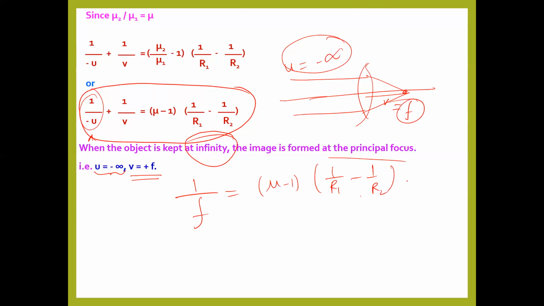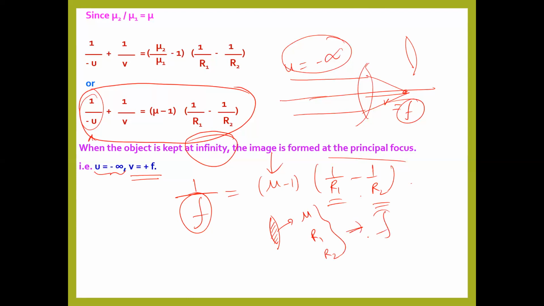So if we need a lens of a particular fixed focal length, and we know the value of mu, we can adjust the radii. When we are making a glass, we can fix the radius. So by varying the radii, after calculations, we can find a lens of a fixed focal length. If we know the values of mu, R1 and R2, we know the focal length.